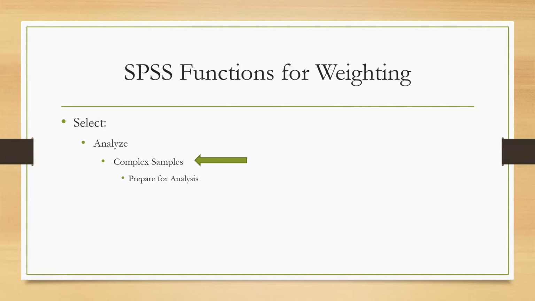Once you select Complex Samples, there's another tool you have to select, known as Prepare for Analysis. These are the three most important functions you are going to select in SPSS to start the weighting process. So without wasting much time, let us get onto SPSS and practically perform this weighting process.